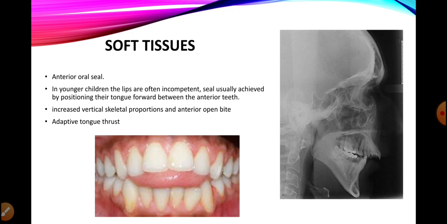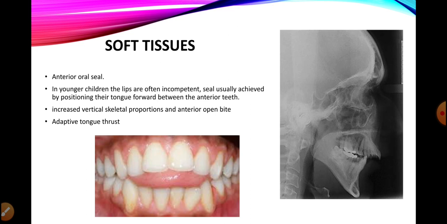In those cases, the tongue may be brought forward between the teeth to make an oral seal. But in adults, the lips have gained their maturity and the seal is made by the lips, not by the tongue coming forward. That is the usual and normal pattern of swallowing. What is the normal pattern of swallowing? The lips come together, make a seal, and then the patient swallows.